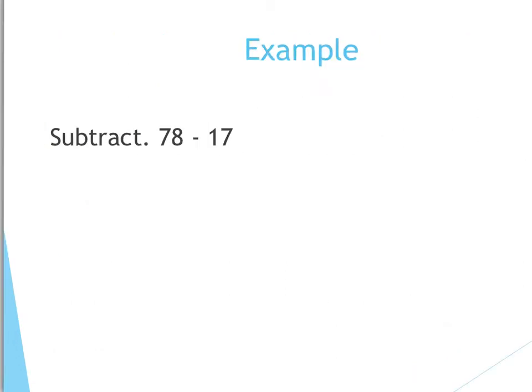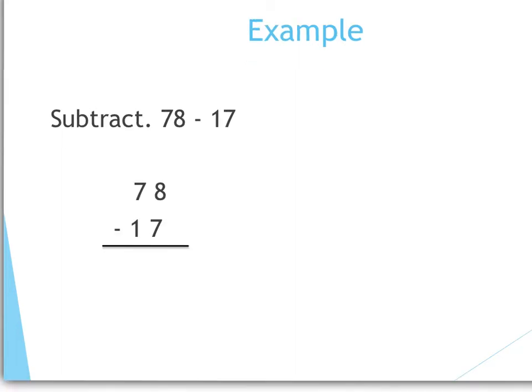First of all, we're going to look at 78 minus 17. Our first step is to write them vertically, such as I've done here. And remember, when we write them vertically, we want to make sure that we stay within our column and keep things lined up. Now, I'm going to start on the right-hand side and do my subtraction.